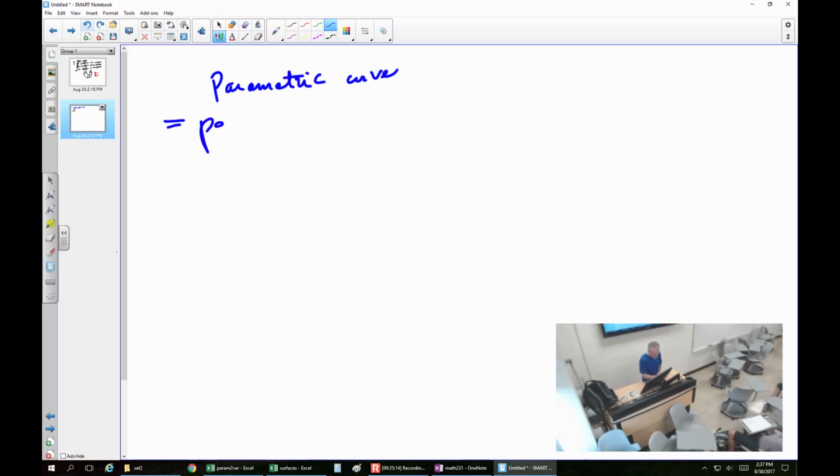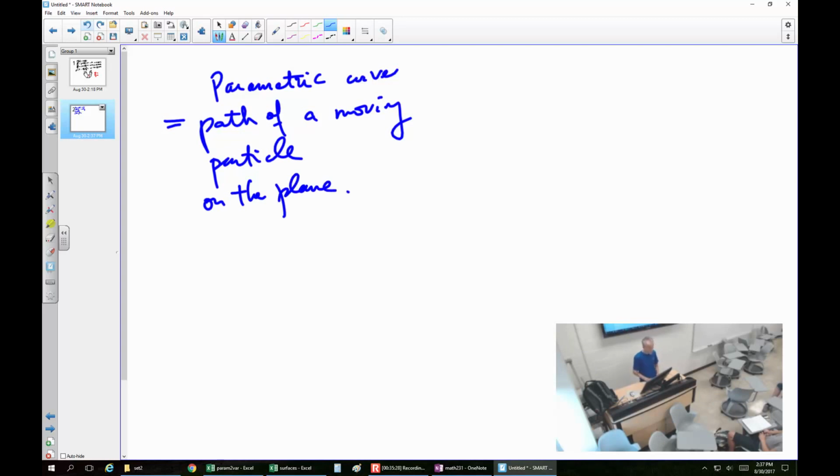So it's a path, the path of a moving particle on the plane. Or particle, or any other path. So it doesn't have to be a particle, really. Moving object. Okay, so the example that I want you to come back to every time you don't understand something about parametric curves, go to motion. Okay, and then the path that you see will be a parametric curve.